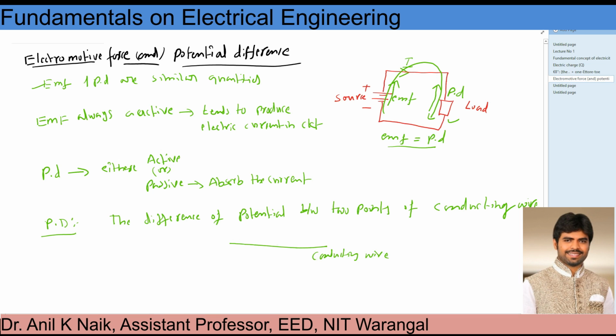Then if you see here, I'm considering at this particular point 1, and somewhere here this point 2. So there is some potential here, and here some potential is there. And what is the difference between these two? The difference between these two is called the potential difference of this particular wire.